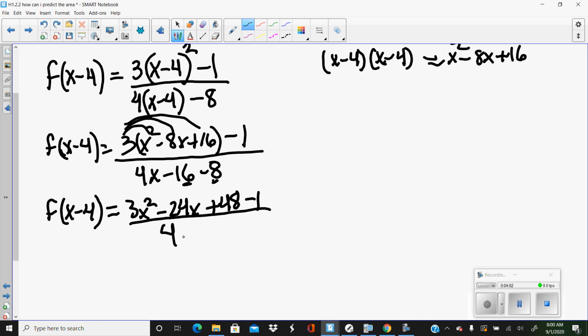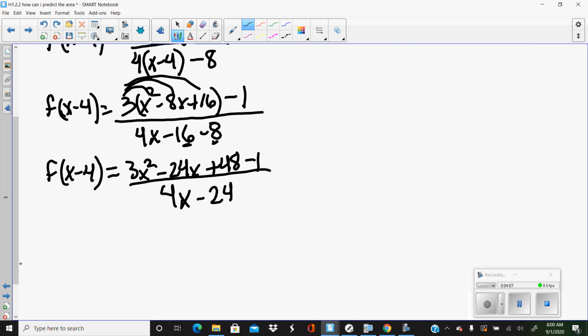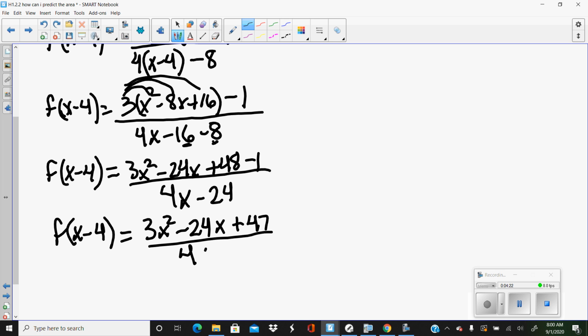I get 4x minus 24. All right, keep on keeping on. F of x minus 4 equals 3x squared minus 24x. This simplifies to plus 47 over 4x minus 24.